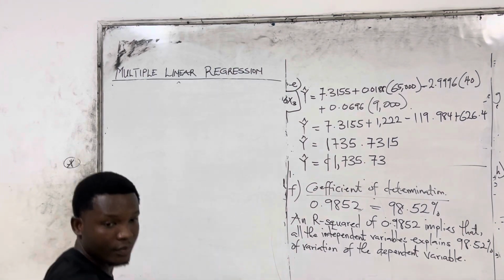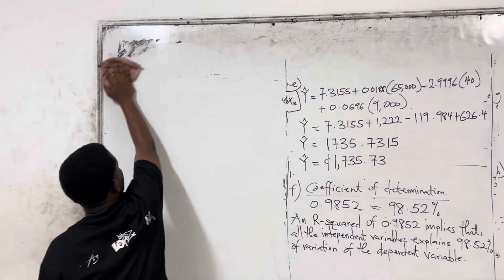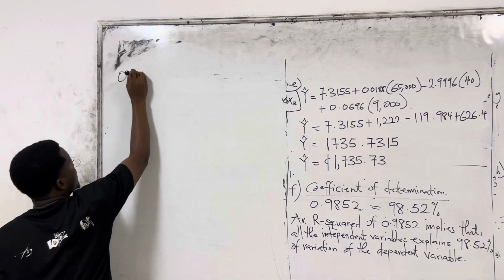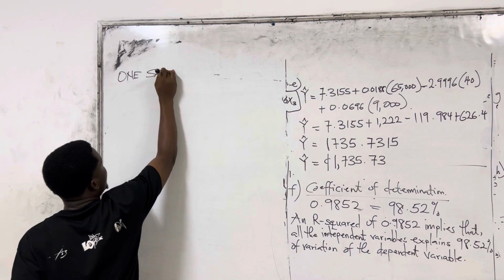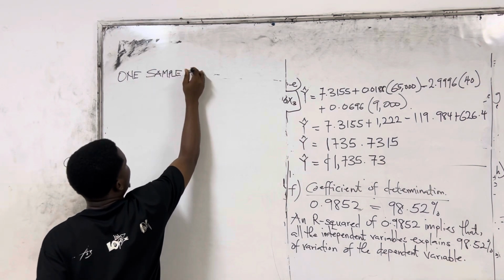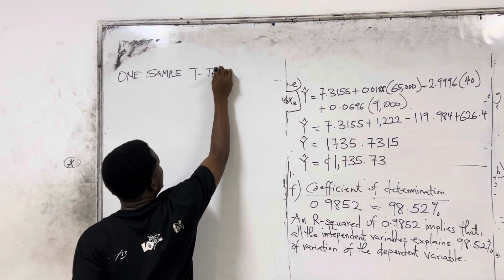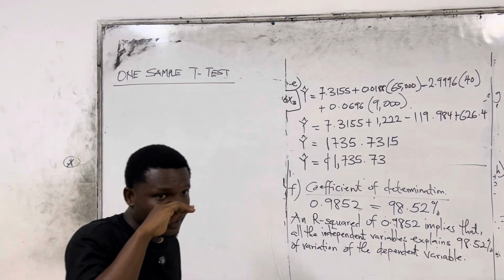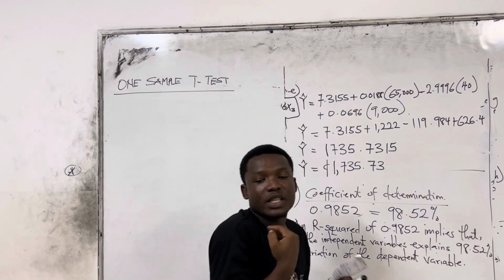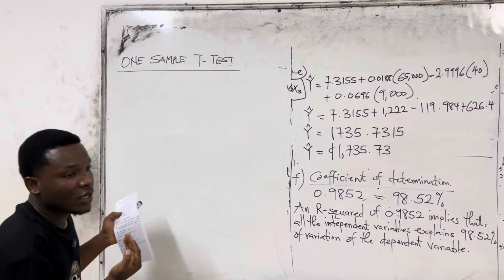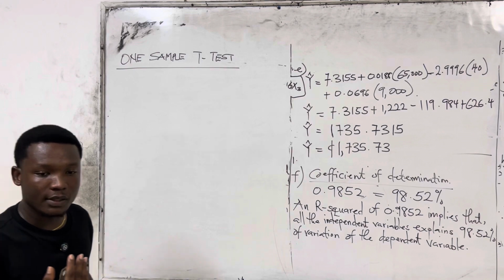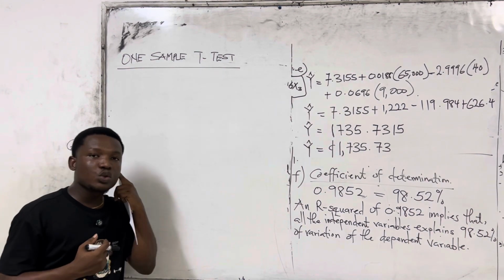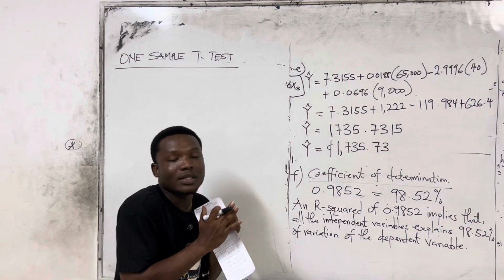So one sample t-test. Someone may be asking, when you see the question, how will you determine whether this is a one sample t-test or two sample t-test? In the one sample t-test, we have three things that we use to identify it. If you find any one of them, it means it's a one sample t-test.